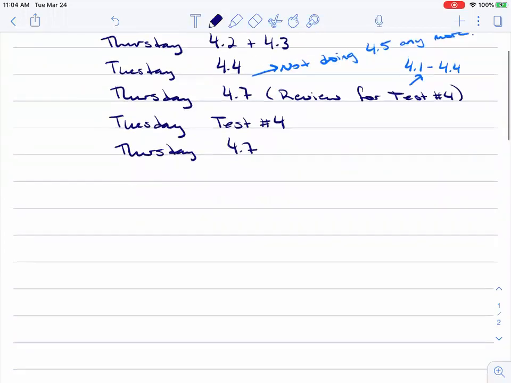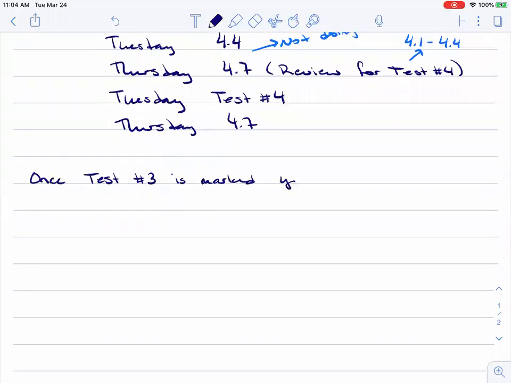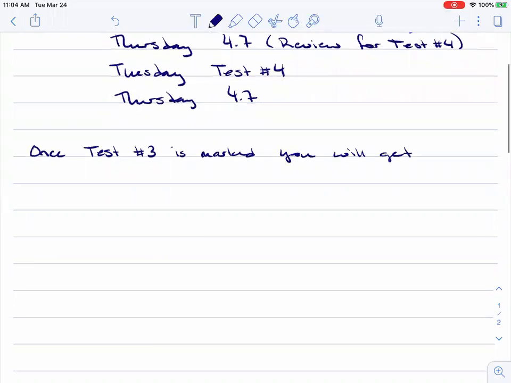So we're marking test 3 right now for you guys, Steve and I. And so once test number 3 is marked, which should be later today, hopefully, you will get an email, because I always flub how to spell receive.